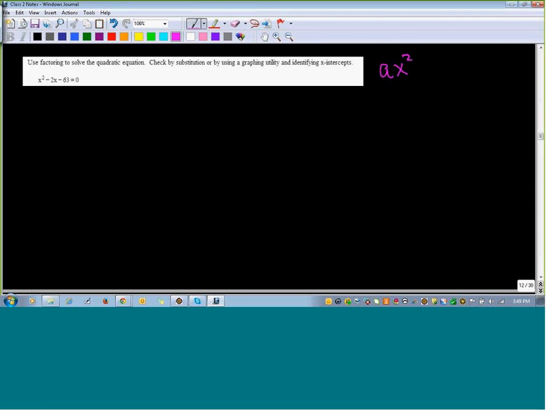Factor this now. Factoring. Sum of negative 2, product of negative 63. What are the first factors of 63 that come to your head?